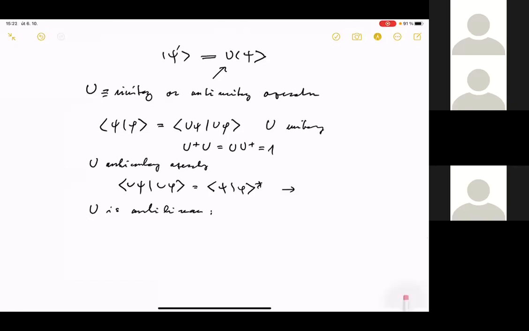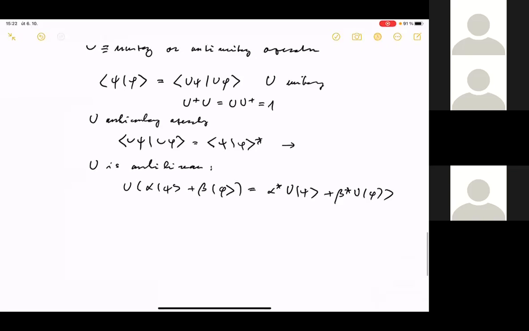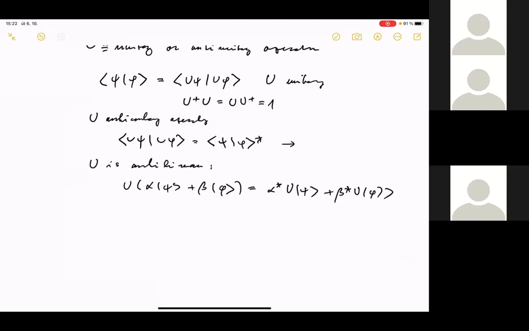That means that if we act with such an operator on a linear combination of some vectors, we get again a linear combination, but with complex conjugated coefficients. Again, in this case, we can describe this defining property of anti-unitary operators by means of such relations.